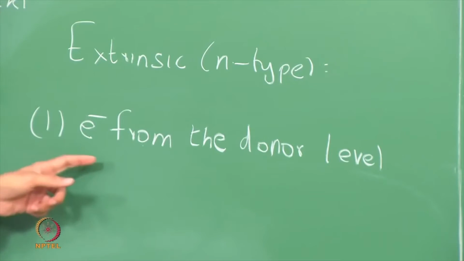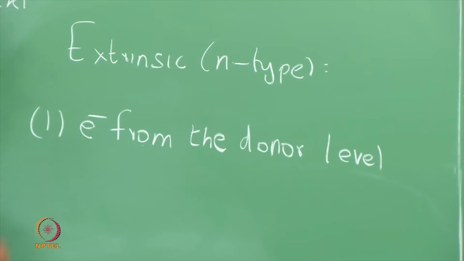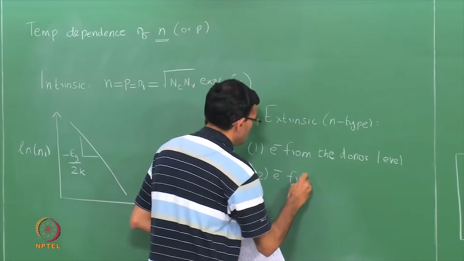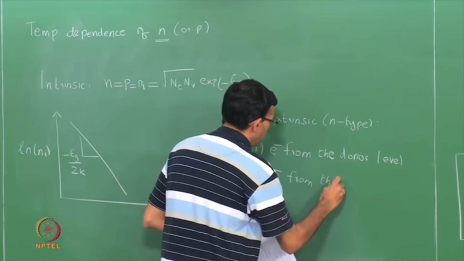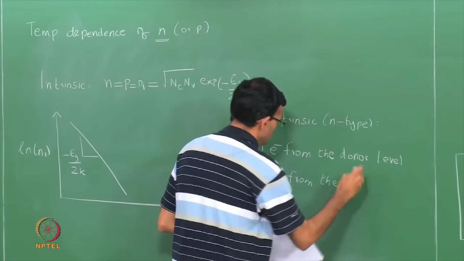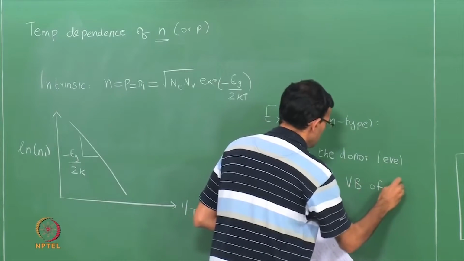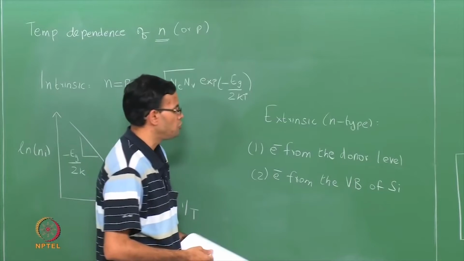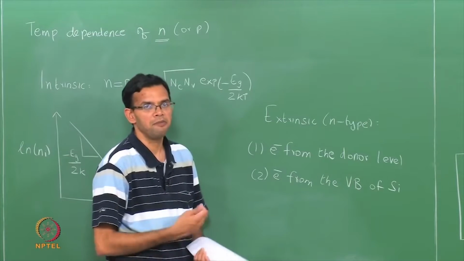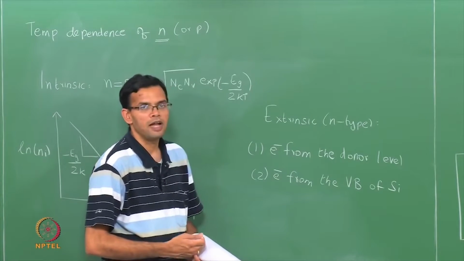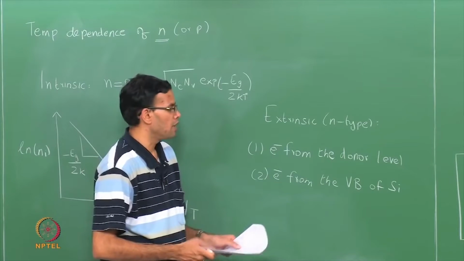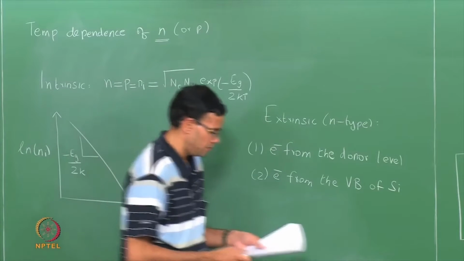So, you can get the electrons from the donor level, and you can also get the electrons from the valence band. Because you have these two sources, you have a different behavior for how the value of N changes with temperature. We are going to look at different regimes for that.